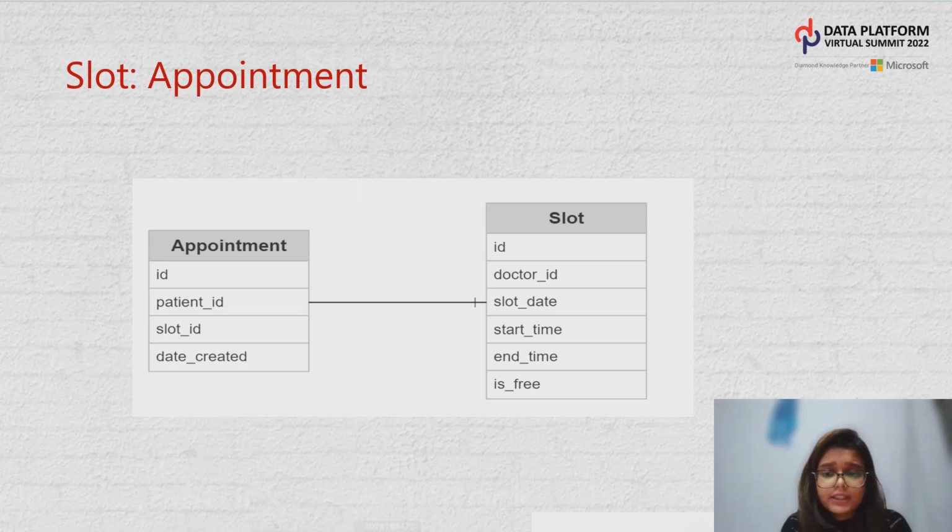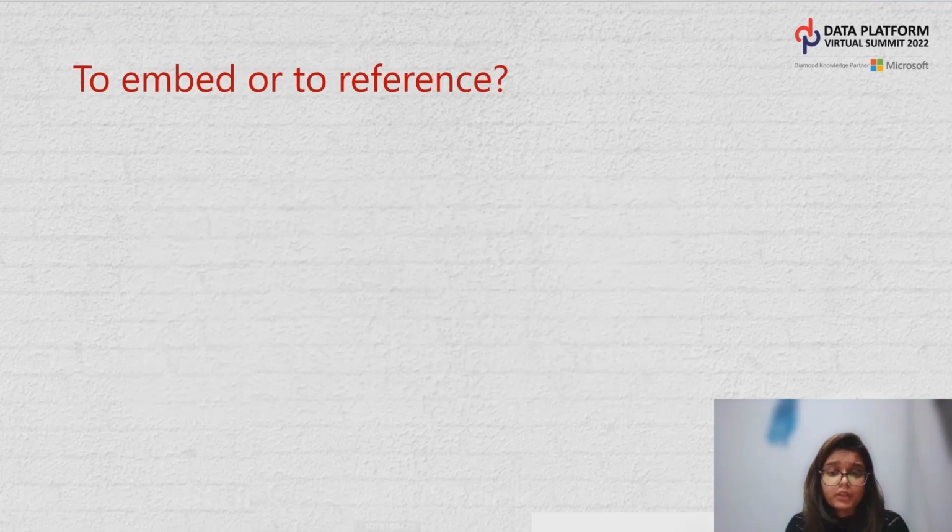As I mentioned earlier, it's a one-to-one mapping. So how do we represent a one-to-one mapping in Cosmos DB or in a NoSQL world? There are two options. Either we can embed the appointment in a slot, or we can reference the slot ID in the appointment as we were doing in the entity relationship diagram.